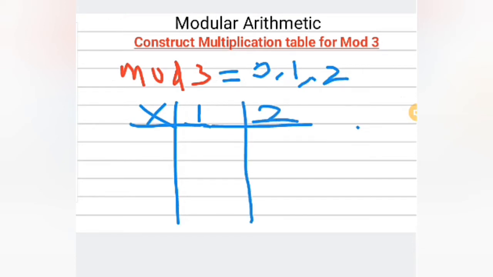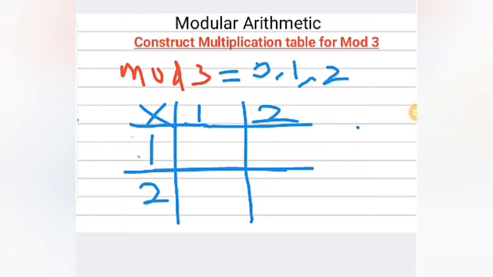The reason why I'm cleaning the 0 is because 0 multiplied by anything, or anything multiplied by 0, will still give you 0. So there's no need for 0 in multiplication. So here too, let me clean this. Here we have 1, 2. Don't forget, the highest digit you can have here must be 2. Now let's do it.